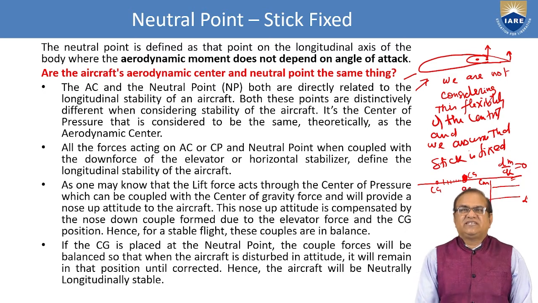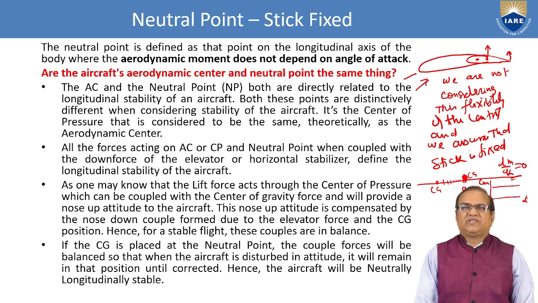All the forces acting on the aerodynamic center or the center of pressure and the neutral point, when coupled with the downward force of the elevator or horizontal stabilizer, define the longitudinal stability of the aircraft. So the longitudinal stability of the aircraft depends upon the position of the neutral point, aerodynamic center, all these things.